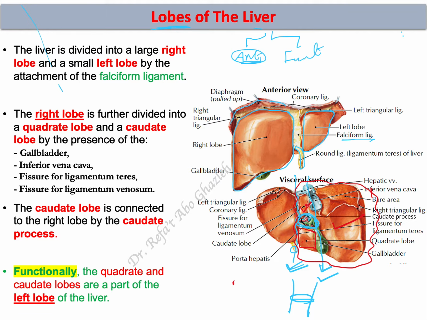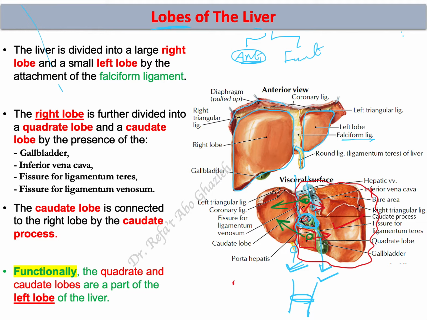So the caudate lobe and the quadrate lobe both are anatomically parts of the right lobe, but functionally these two lobes, I mean the caudate lobe and quadrate lobe, are parts of the left lobe.